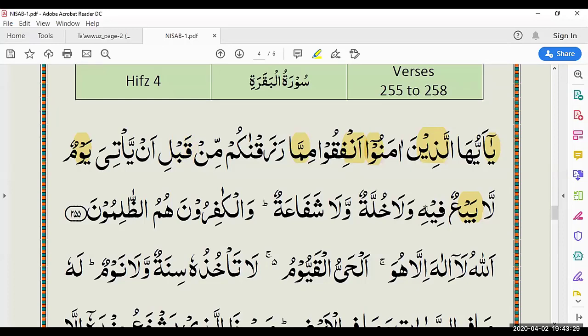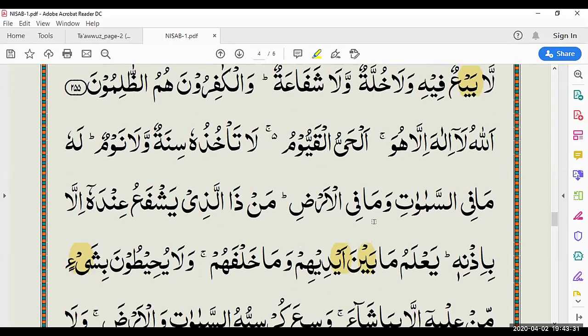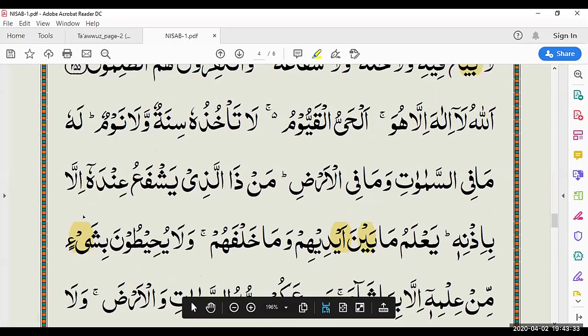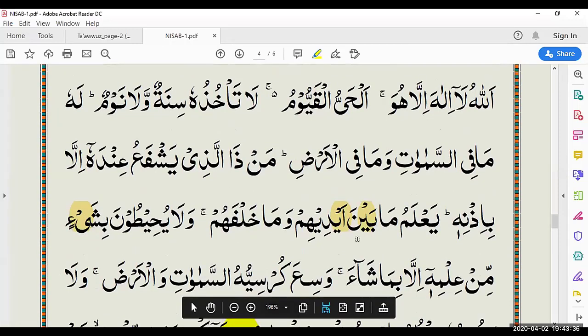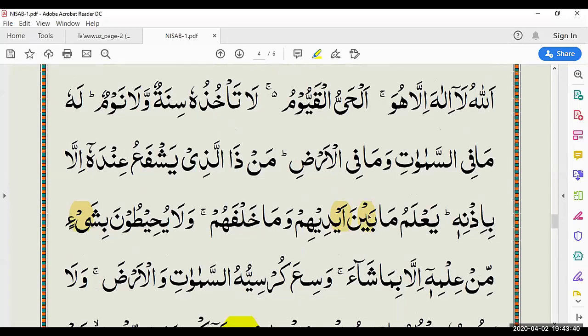Okay, before I actually get you to read, I will just mention all of these, the highlighted ones. They're all huruf-e-lin. So we have ya, ya-lin, because the letter before that, the ba, has fatha on it. Same goes here, the alif before the ya sakin has fatha. So we prolong the lin letters for 2 seconds.